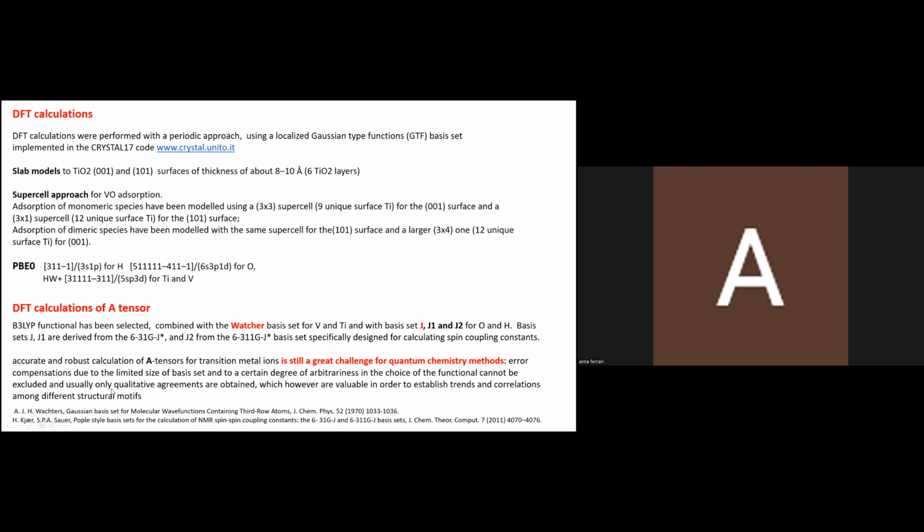But what we can find are good qualitative agreements, and this is our target. It's semi-quantitative, because it's not only qualitative, but enough to establish trends and correlations between computation and observation. So this is a very challenging problem.